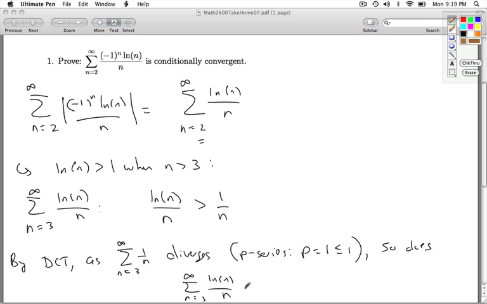But once again, a finite number of terms does not change convergence or divergence. So hence, the series n equals 2 to infinity of the natural log of n over n diverges. And so folks, that'll do it for Take Home 7.